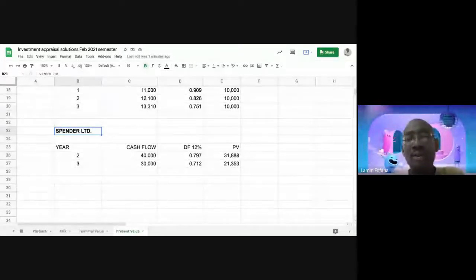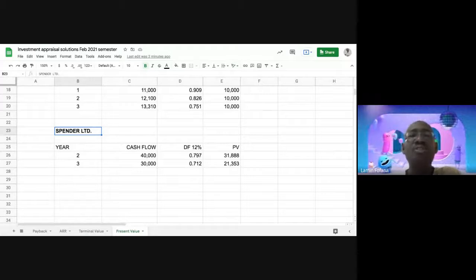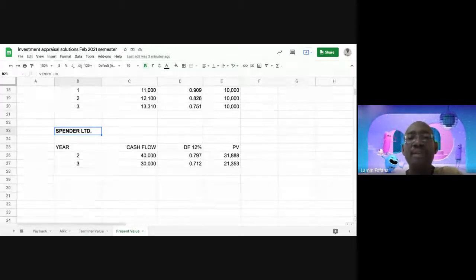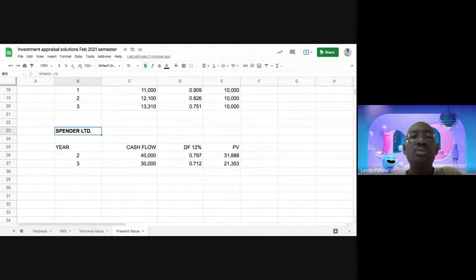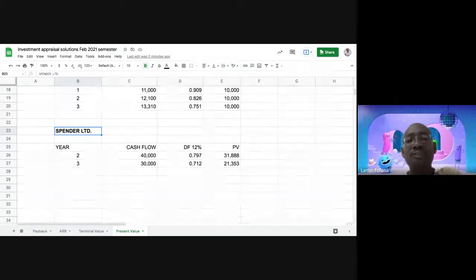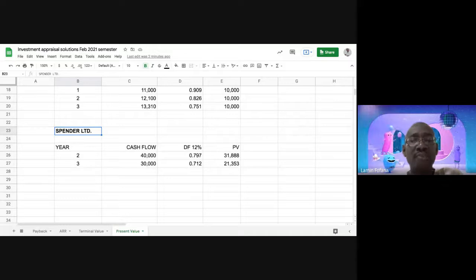If we are asked to appraise a project using the NPV method, our conclusion to recommend to the managers of the project or to the company will be as follows. One, if the calculated NPV is positive, we should advise that the project should be executed.